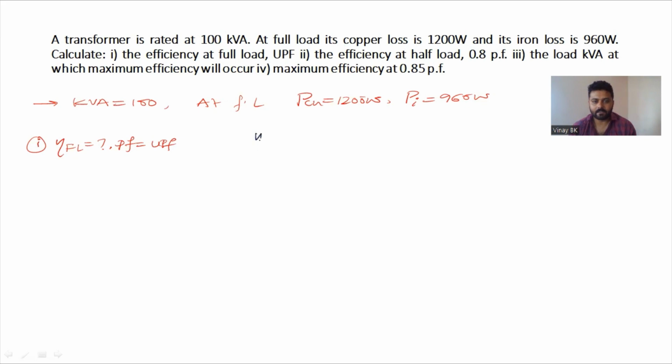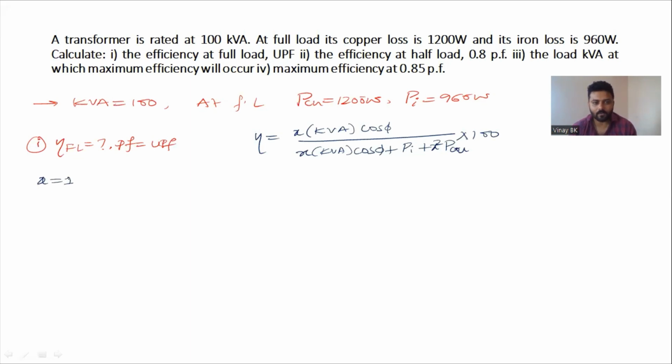That is, eta equals X into kVA rating into cos phi, divided by X into kVA into power factor plus iron loss plus X square into copper loss. You write efficiency in terms of percent, so multiply by 100. For full load, what is the value of X? X is 1 for full load.